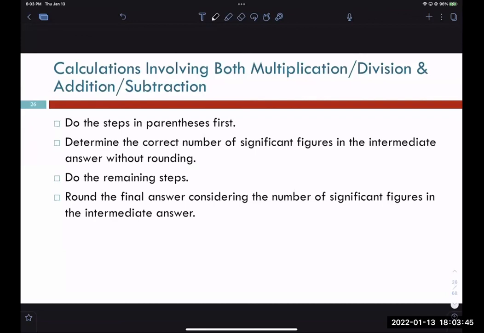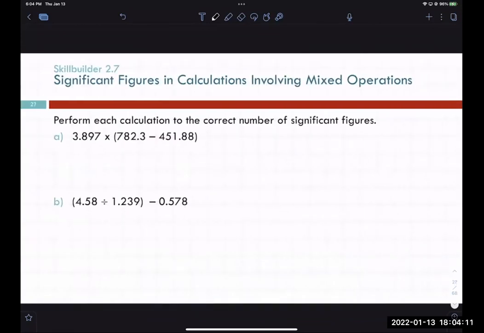Parentheses first, and this is PEMDAS, the order of operations: parentheses, exponents, multiplication, division. One step at a time, each one considering how many sig figs you're carrying along. I'll show you how I do that. And then for your final answer, that's when you round. Again, no rounding before that final answer.